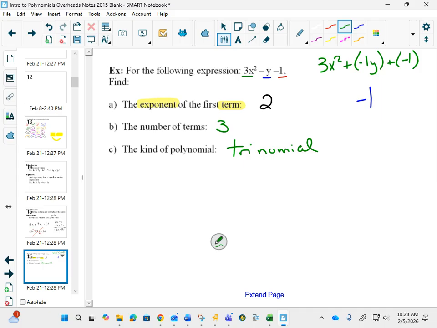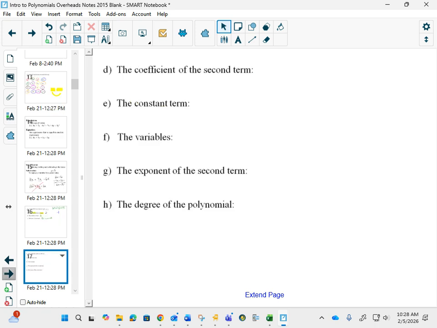I just remember that if there's a negative sign, it's always included with the coefficient. If you're subtracting, your coefficient is negative. If you're adding, your coefficient is positive. I find that easier, but some people like to write it with plus a negative there. Okay, so there it is, the coefficient of the second term. We got that one, -1.